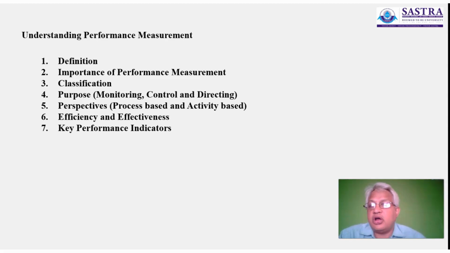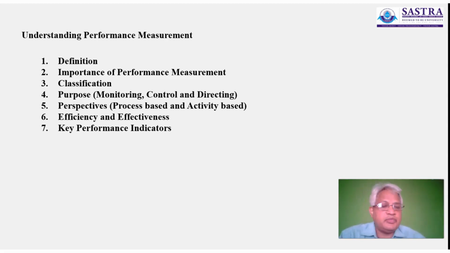Later on, we went on to understand the approach or the attitude or opinion towards performance measurement, that is, either from a process based or an activity based perspective. However, we made sure that the words commonly used across the entire course of logistics measurement, like efficiency and effectiveness, were defined and separated for a better understanding.